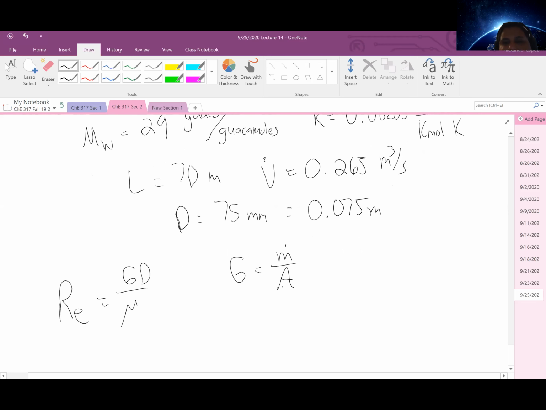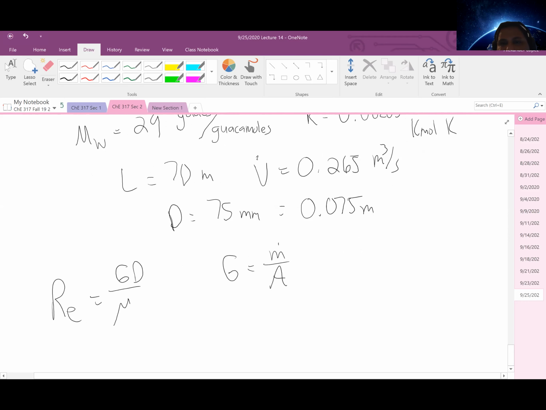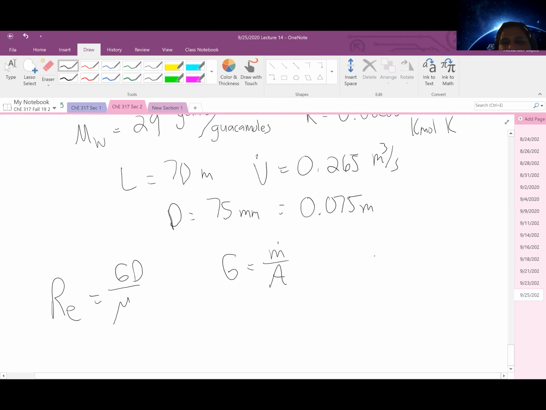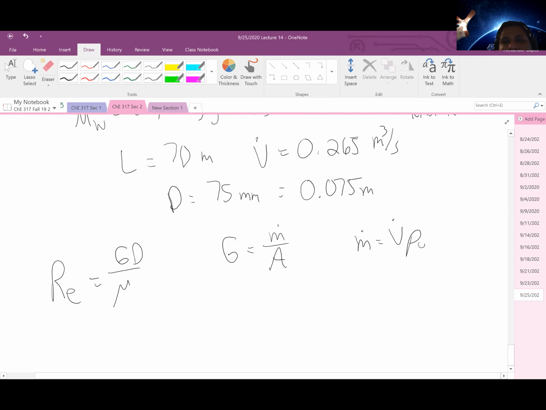We have our volumetric flow rate. So if we know our volumetric flow rate, we can solve for our mass flow rate as our volumetric flow rate times our initial density.